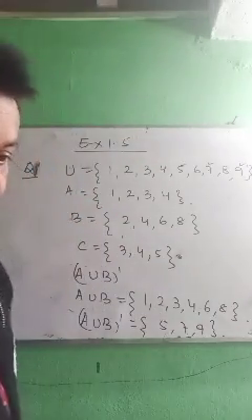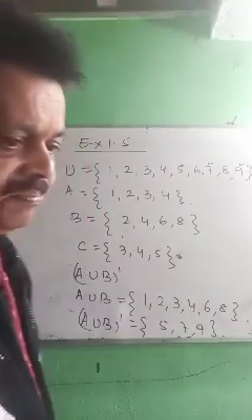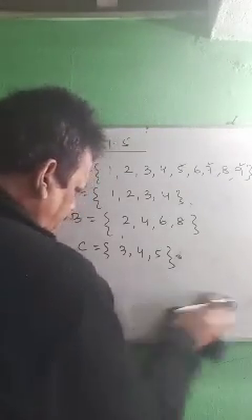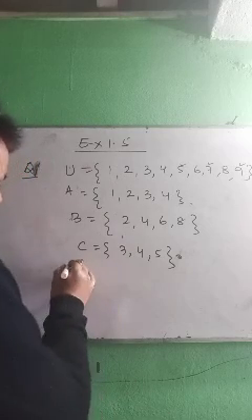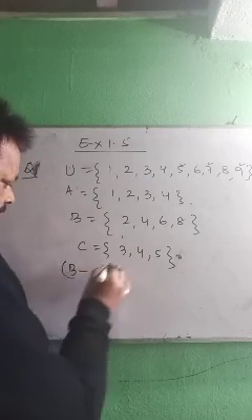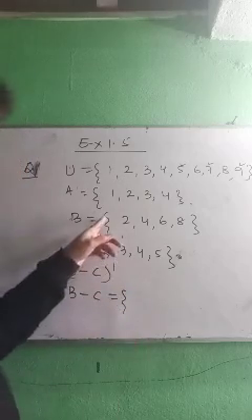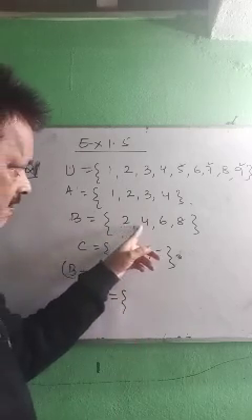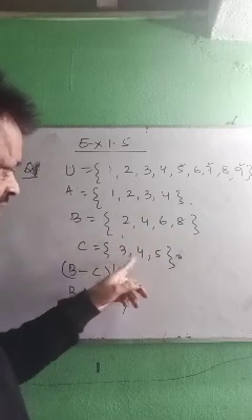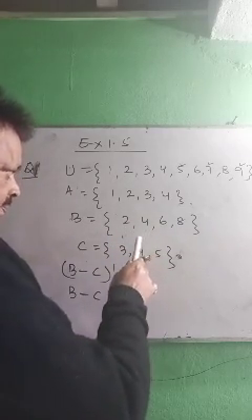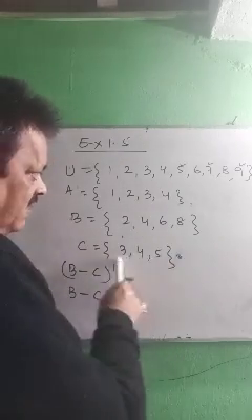Okay. Similarly, if you are asked to find what is B difference C complement. First you find what is B difference C. B difference C means all the elements of B not in C. Means common you have to remove. Which one is common? Look at, nothing is common.